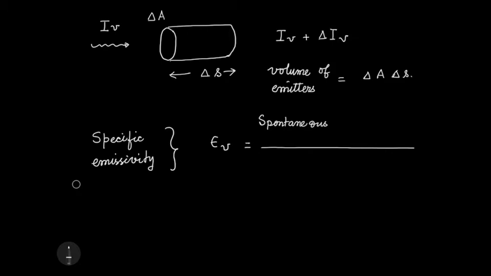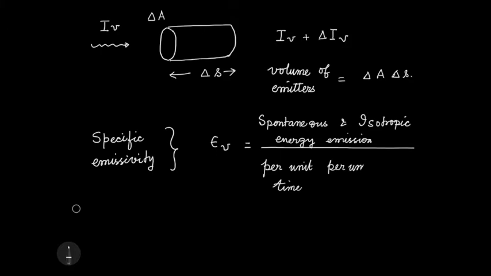This is spontaneous and isotropic energy emission per unit frequency per unit time, and epsilon nu is defined as per unit mass.